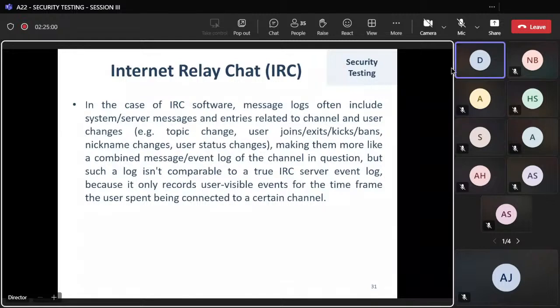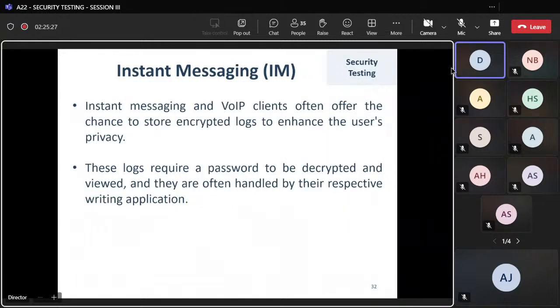In the case of IRC software, message logs will have the messages that have been sent and received from the server to the system, and they'll try to identify any kind of changes happening in the topic, users, or status, as a combined message. And this is related to IM messaging, the instant messaging.